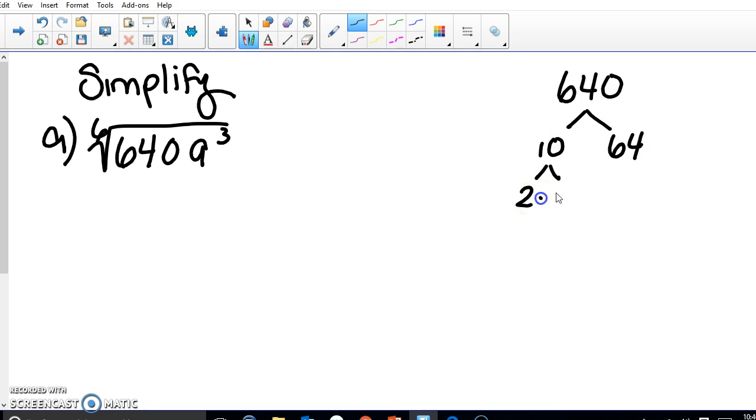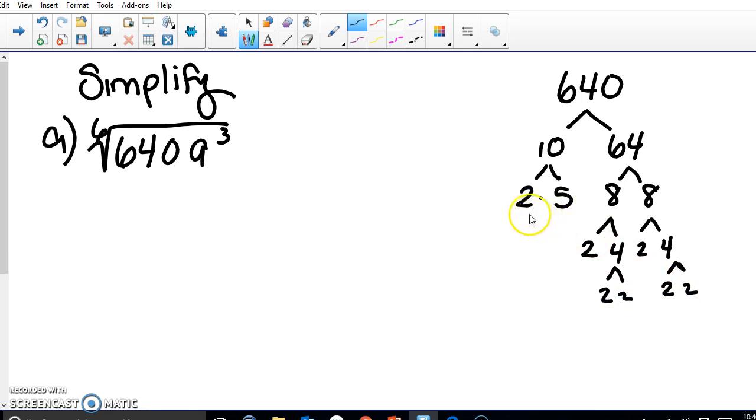10 goes into 2 times 5. And this I can do 8 and 8. And I'm just going to factor it out until I can get 6. Alright, so looking at my 2s, I have 1, 2, 3, 4, 5, 6, 7 2s.